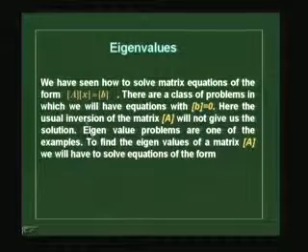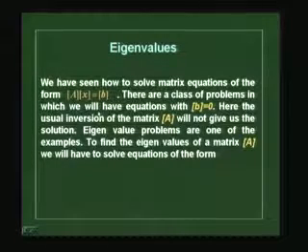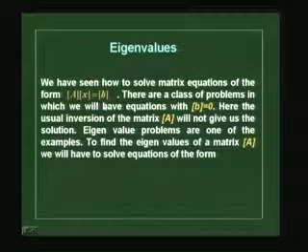The eigenvalue problem, for example, is one where we want to solve equations of the form Ax equal to 0. It's not true that B is always non-zero in the sets of linear equations you are interested in; there will be cases where B is 0. One example is finding the eigenvalues of the matrix.